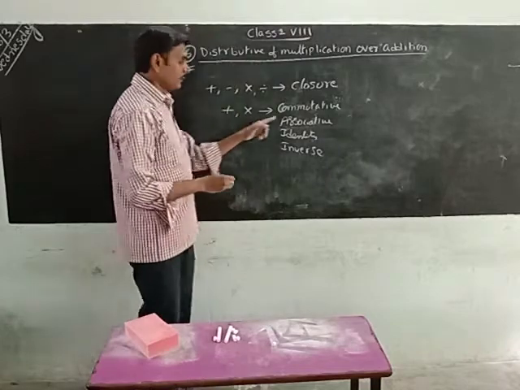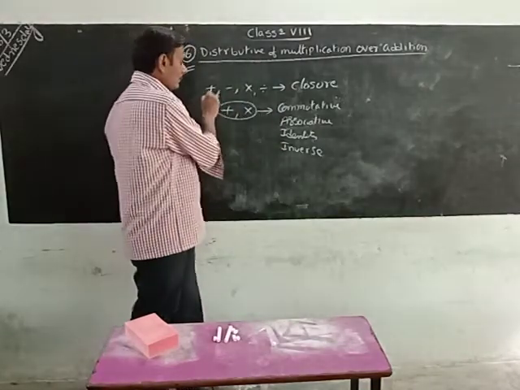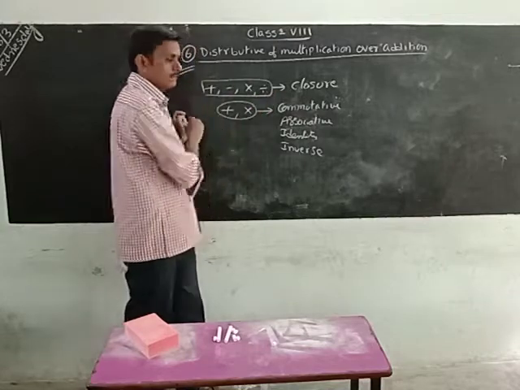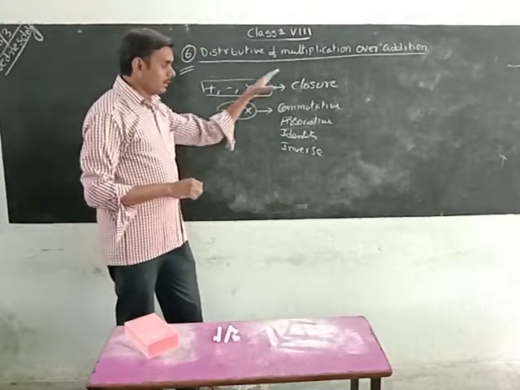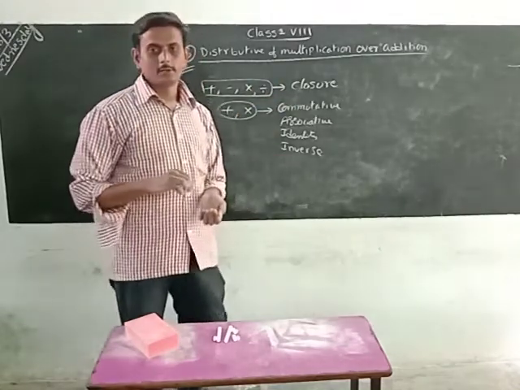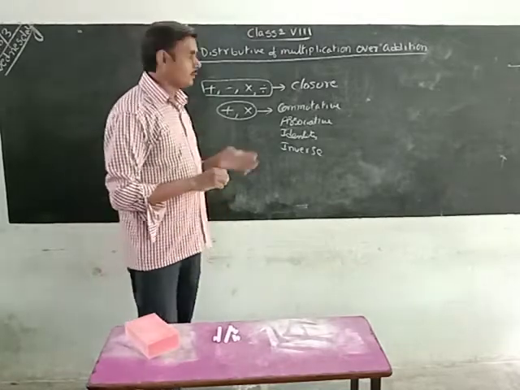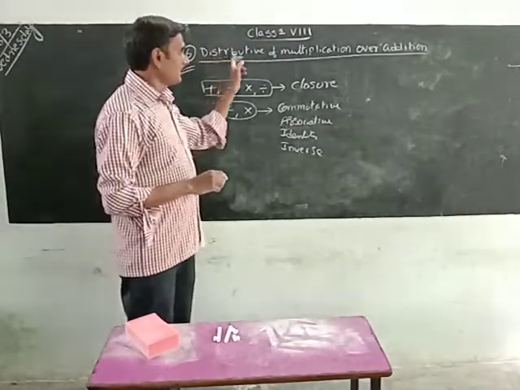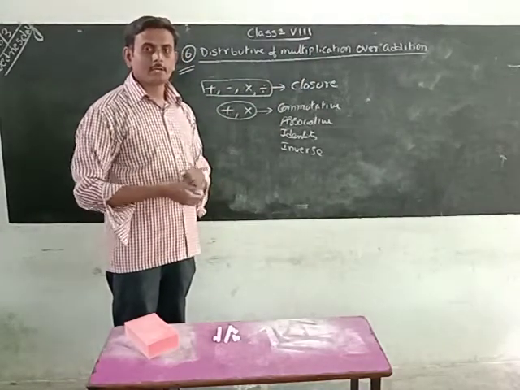These four properties hold for rational numbers using these operators. Only the closure property holds for all four basic operators. In these five properties, we use only one symbol at a time. But the next property, distributive of multiplication over addition, uses two operators. That one we will learn in the next class.